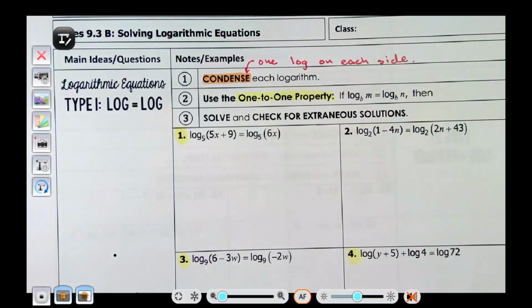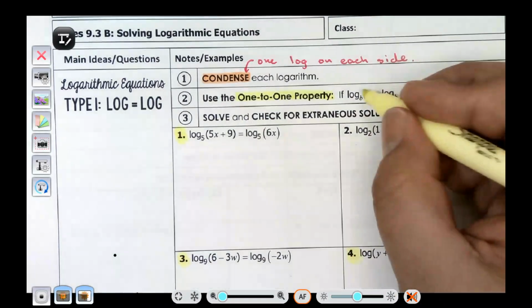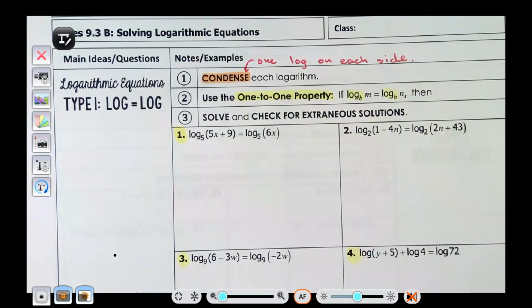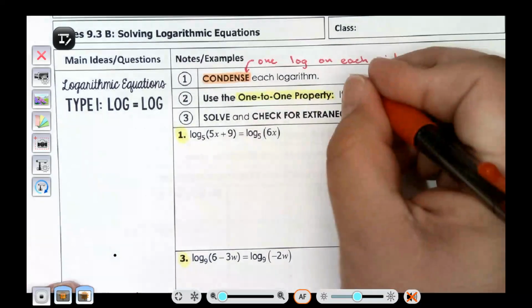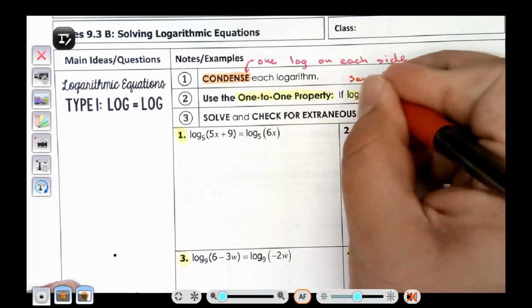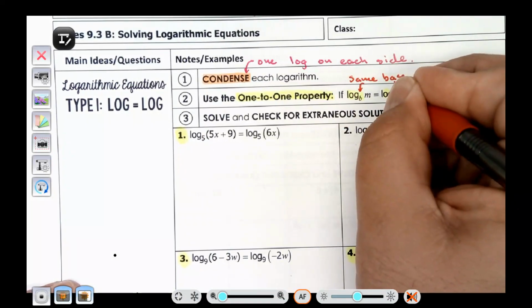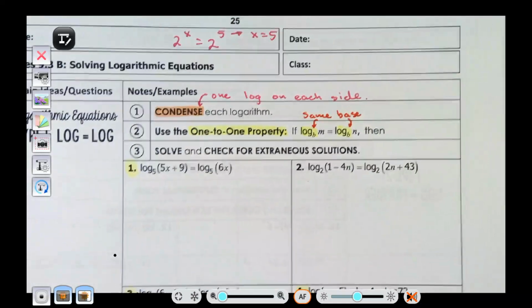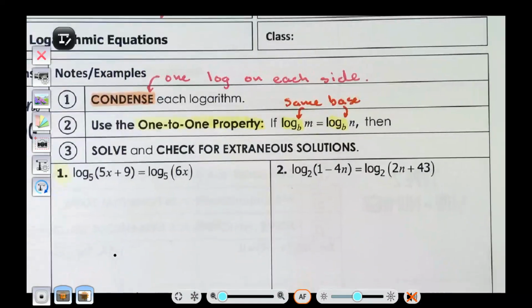And when you're using the one-to-one property, it says, when you have a log base b and a log base b, the first thing you have to notice there is it's got to be the same base. We have to have the same base for both. If not, this doesn't work. So they must have the same base. In fact, let's zoom in right here.